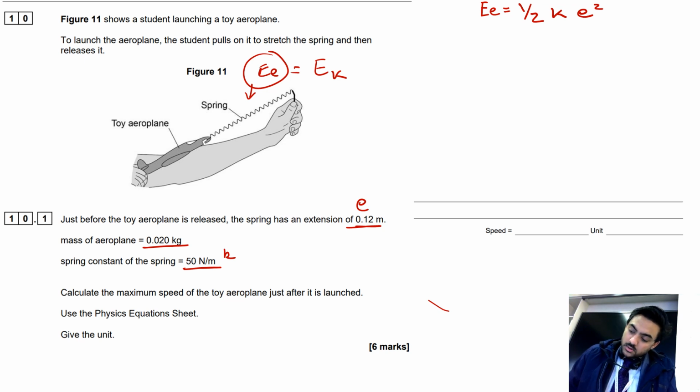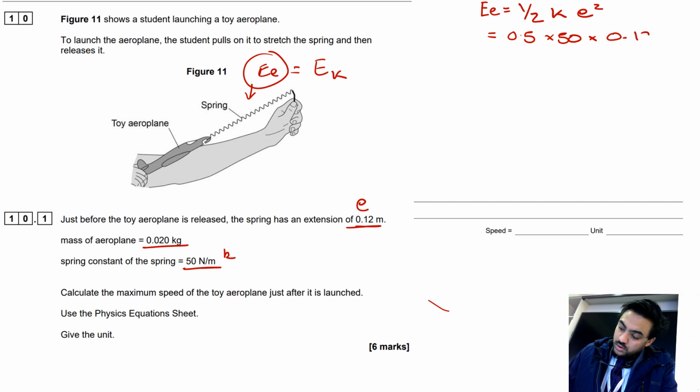All right, so let's find out the energy transferred: 0.5, which is half, times 50 times e squared, which is 0.12 squared, which gives us an answer of 0.36 joules.